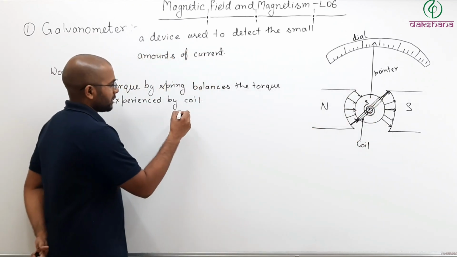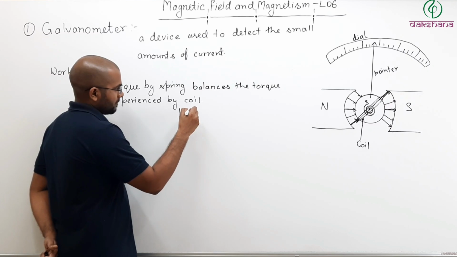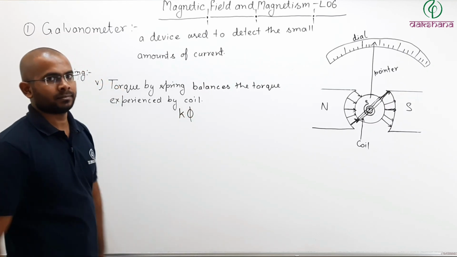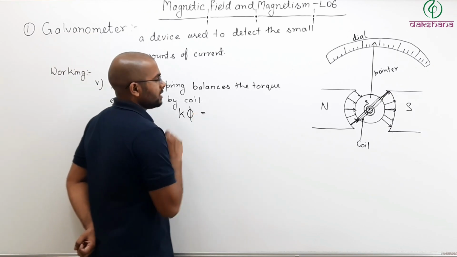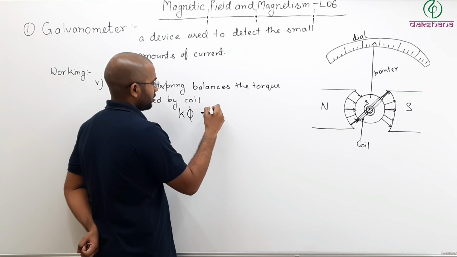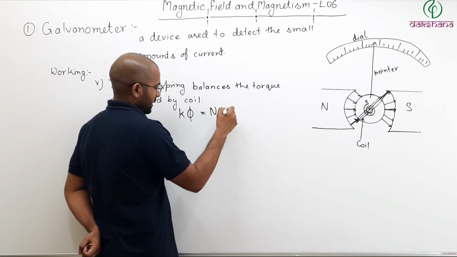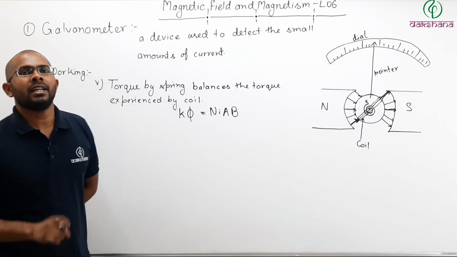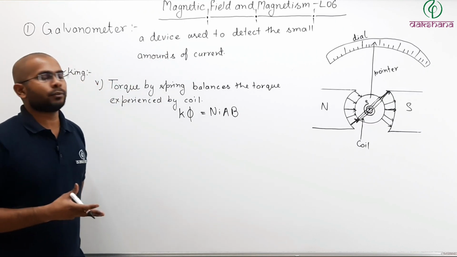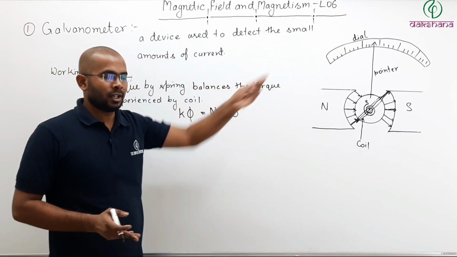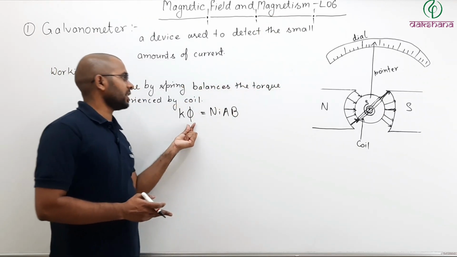So what was the spring torque? K times phi. Phi is the angle rotated. And what is your coil torque? Coil torque is nothing but your NIAB. Here I have written phi in order to avoid confusion with NIAB sine theta, which was always 90 degrees.